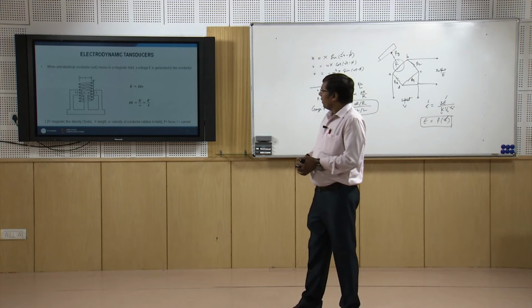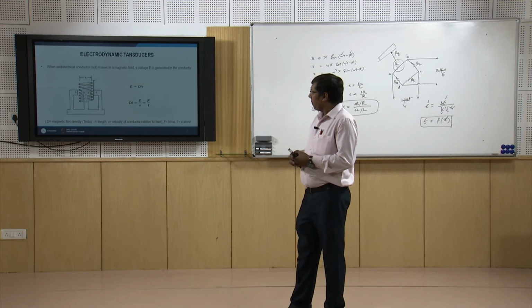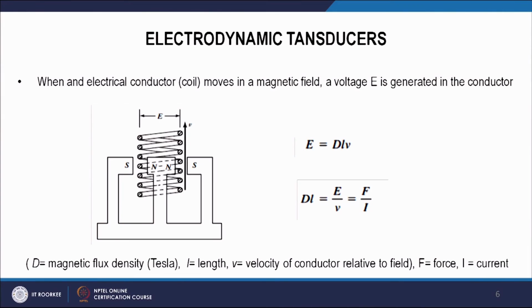So here are some electrodynamic transducers. We know that when an electrical conductor moves in a magnetic field, a voltage is generated in the conductor, and this principle is used to make this kind of transducer.